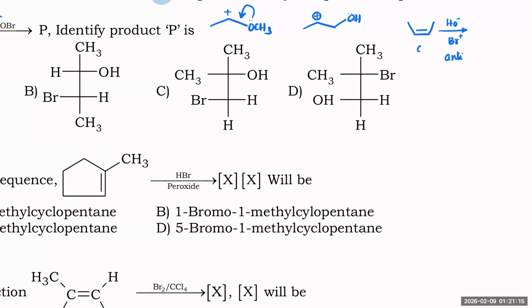And if you have a cis making an anti-addition, you should get a Fischer projection of threo kind. Threo kind means like this, with methyl and methyl, with one side OH, the other side bromine. Similarly, the mirror image of it, OH here and bromine here, methyl and methyl. And you'll get 50-50% of both. So overall, you will get a racemic mixture here.